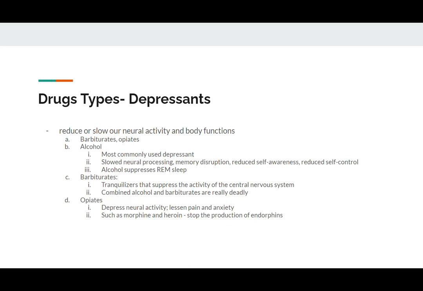Opiates can also depress neural activity, temporarily lessening pain and anxiety. Opiates such as morphine and heroin stop the production of endorphins, which are neurotransmitters. Also check out one of our previous videos on neurotransmitters, where we talk about the effects and functions of endorphins. Endorphins are the body's natural painkillers, and since opiates mimic endorphins, stopping the drug could mean death by overdose. What does it mean that opiates mimic endorphins?